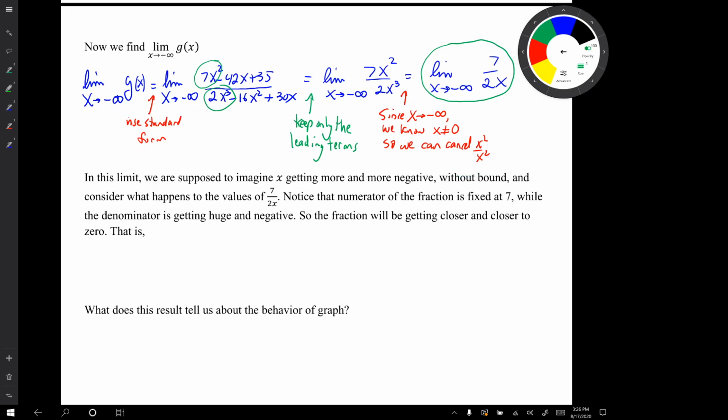Now we go through the same kind of thinking. We're supposed to imagine, according to this symbol, x getting more and more negative, huge and negative without bound. And we're supposed to consider the values of 7 over 2x. Well, the numerator of the fraction is 7. The denominator is getting huge and negative. So the value of the fraction will be getting closer and closer to 0.